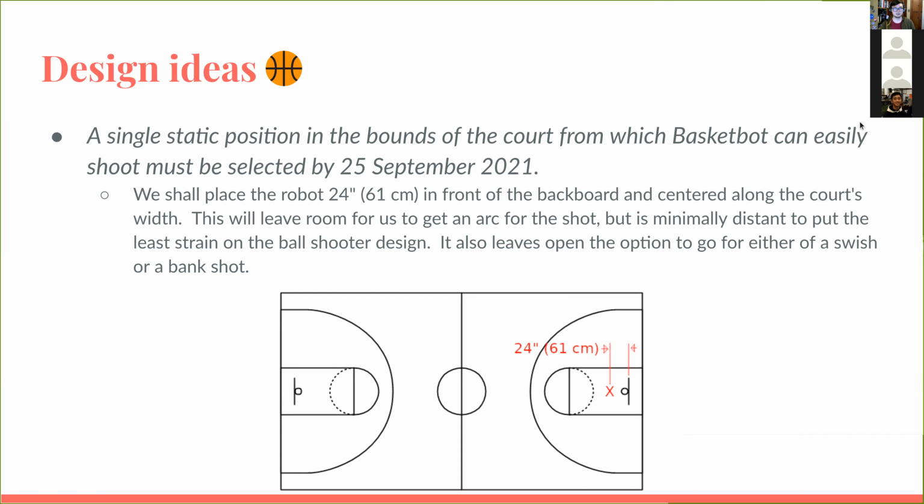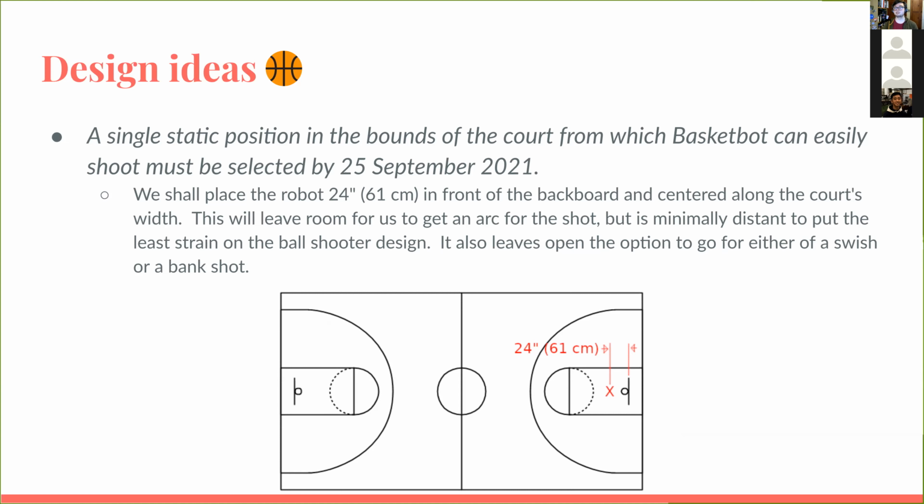So yeah, what you got there is very specific about what the proposed design is. It chooses a coordinate in space relative to the backboard and relative to the court. It justifies why that position was chosen. You have room to get an arc, and it's got a small distance.